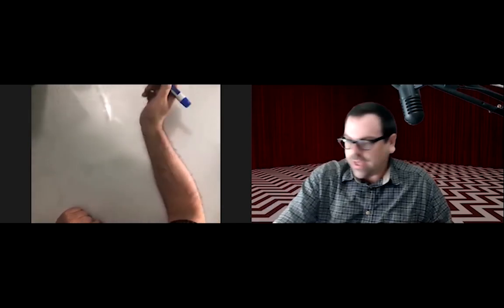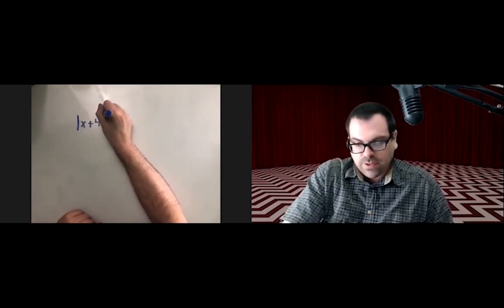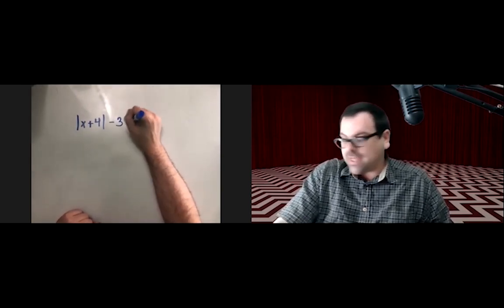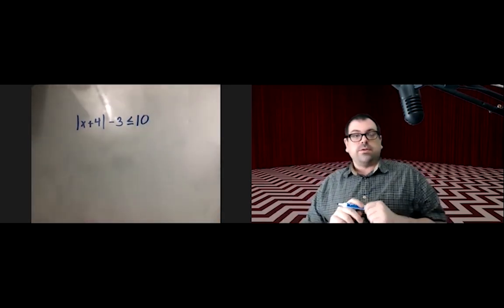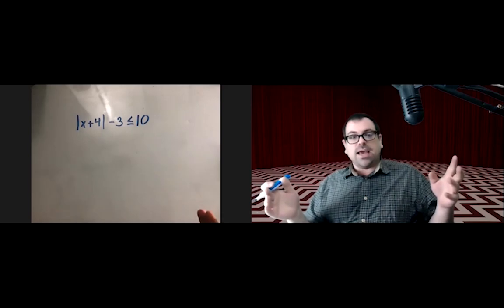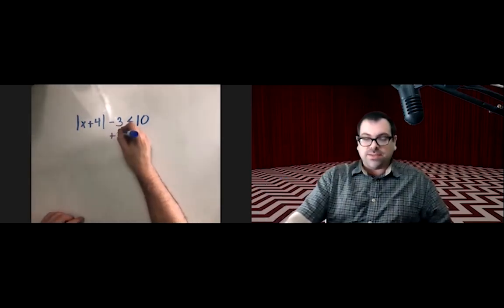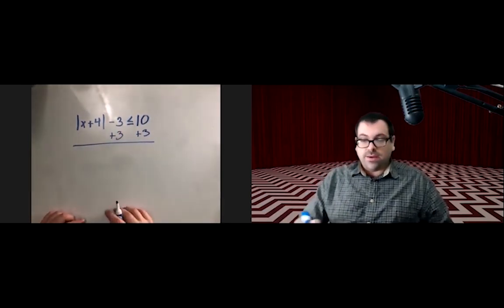Let's take a look at the absolute value of x plus 4 minus 3 is less than or equal to 10. What is step 1? Isolate the absolute value. Add 3 to both sides. Why?